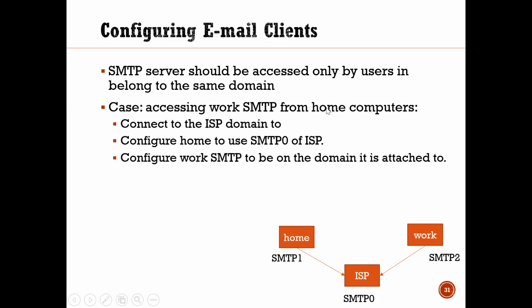So both computers are of course joining different domains, but managed by the same ISP, talking about the geographical space. Here you need to connect from your home. You are at home and you want to connect to the work email.